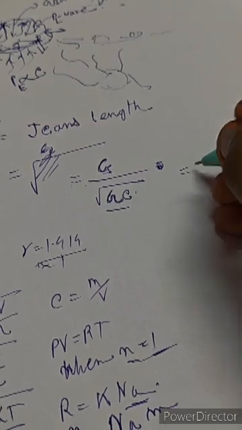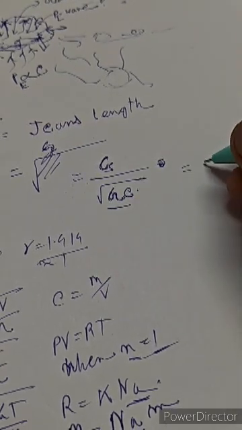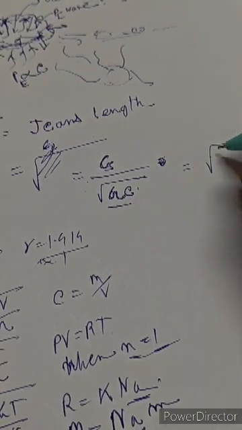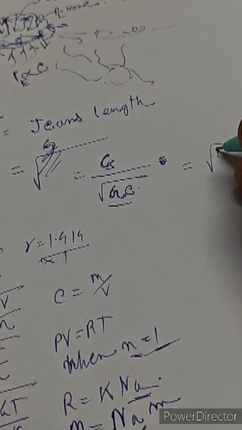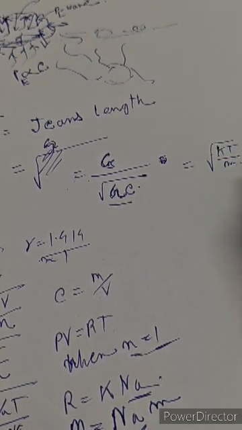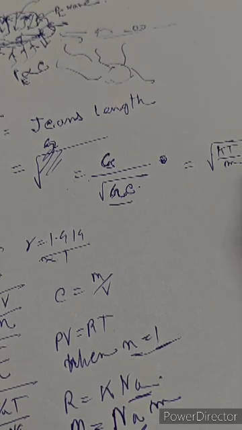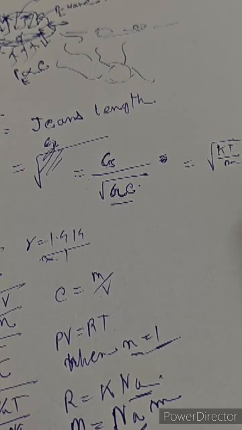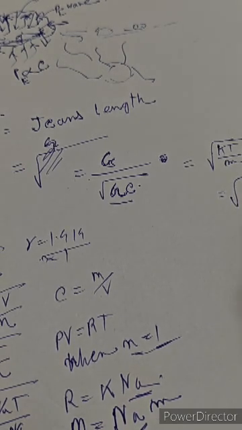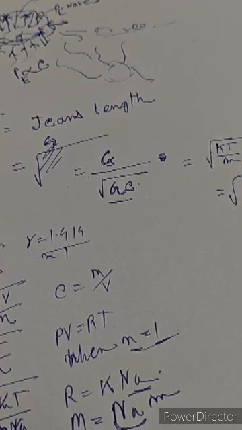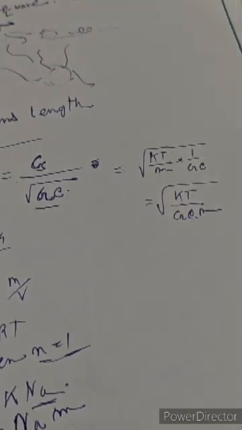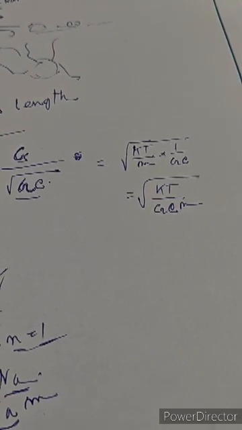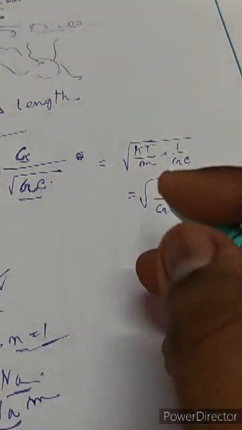So here we put it: root over kT by small m into 1 by G rho. So gently put this value in and equate this.